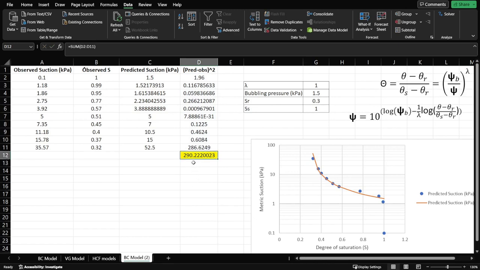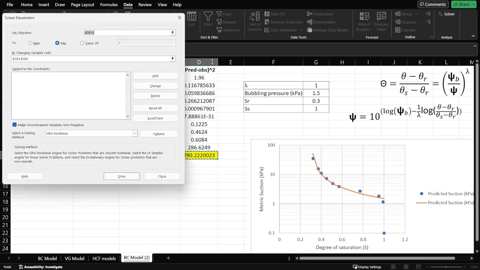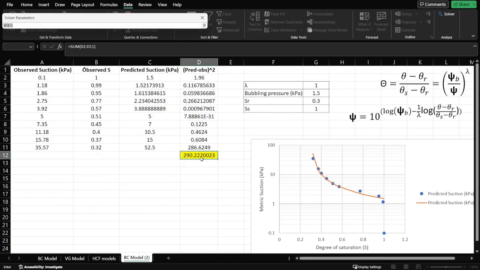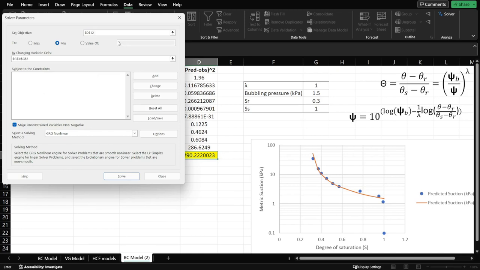So what we want is that the sum of these errors should be minimum to have a best fit model, right? So we'll just go to solver. Then we'll set the objective that we want to minimize this sum of error, right? How do we want to minimize that? By changing the variable cells.